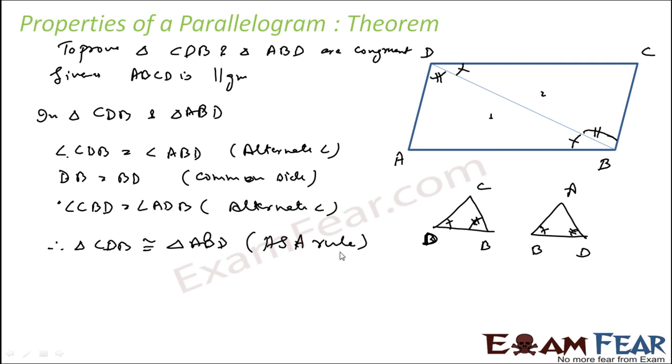Pretty easy to prove, right? If you have done all the questions of the last triangle chapter, then this will not be a difficult question for you, right? If you have doubt or difficulty in understanding this congruency, please watch the videos on congruency of triangles, where we have taken so many examples to talk about the different kinds of rules: ASA, SAS, SSS, RHS also, different kinds of rules for congruency of triangles.